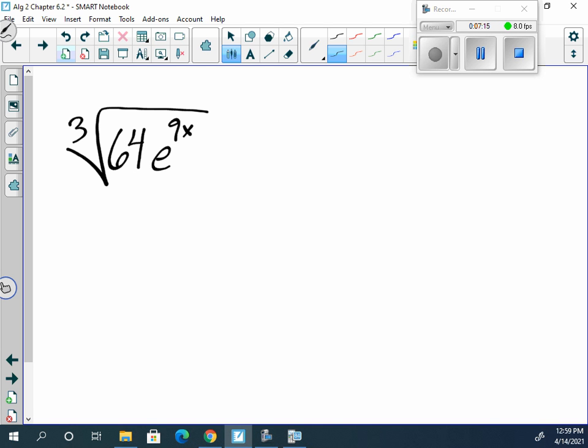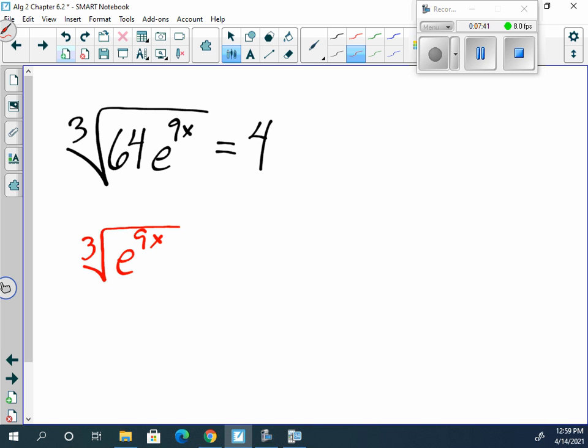What times itself 3 times is 64? Yes. Now, the way that we can think about this is in different ways, because this works out well. But our real question is e, the cubed root of e to the 9x, and how this works.